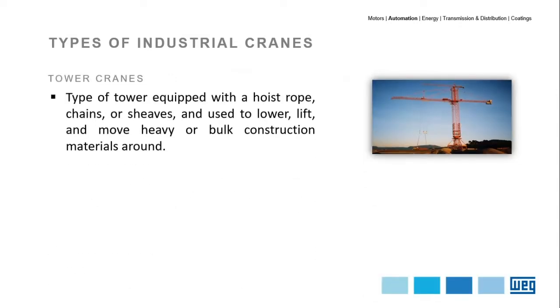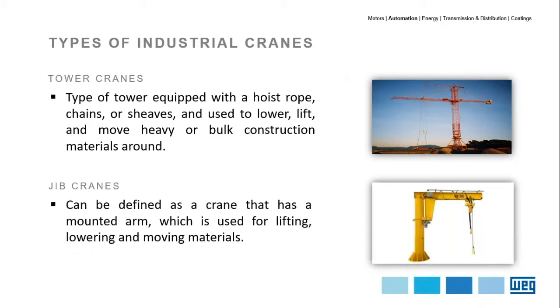Tower cranes are a type of crane equipped with a hoist, rope, chains or sheaves, and used mainly to lower, lift, and move heavy or bulk construction material around. Jib cranes can be defined as a crane that has a mounted arm which is used for lifting, lowering, and moving materials.